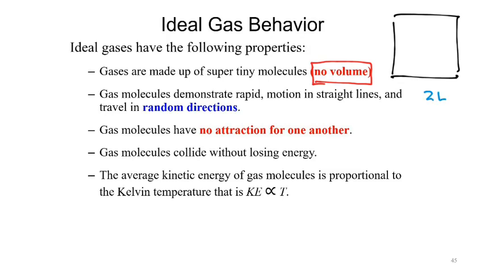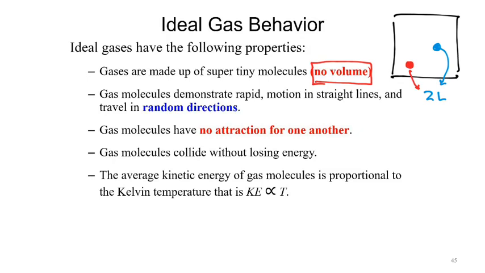The instant I put a gas particle in there, well, that particle is now occupying that volume, which means the volume accessible for the next particle that goes in should be somewhat less than 2 liters because the red dot is now occupying it. Kind of makes sense? Except that with gases, we say they don't have a volume, which means that blue dot that I now add has the exact same access to space as the red dot had to begin with.